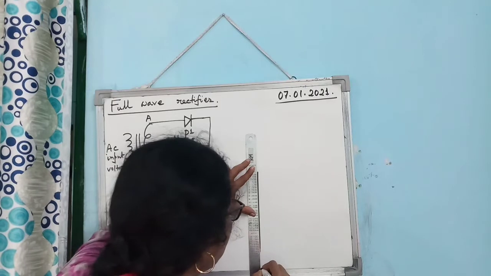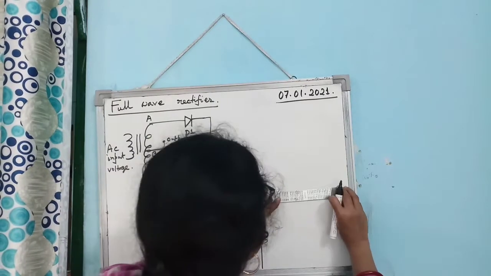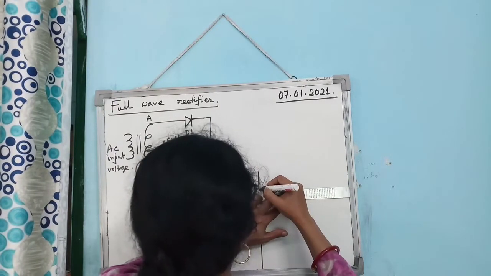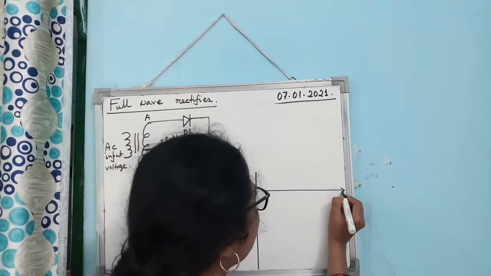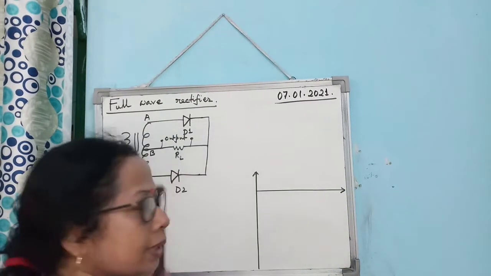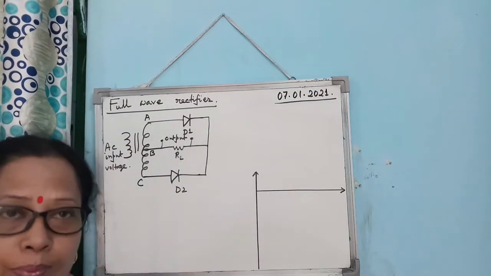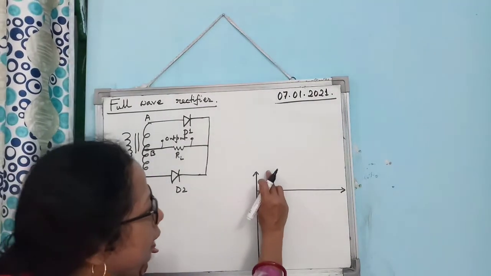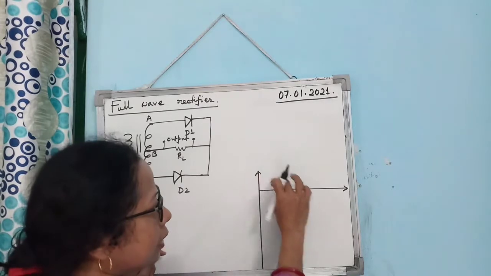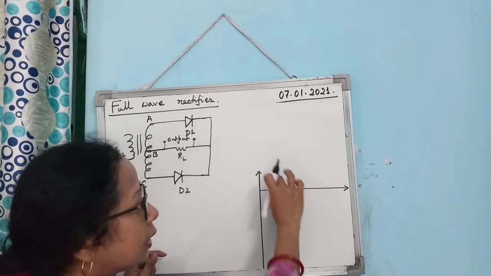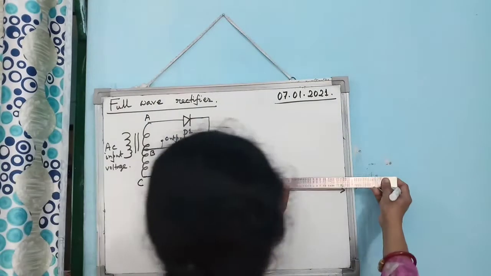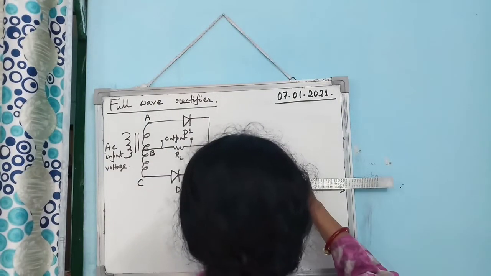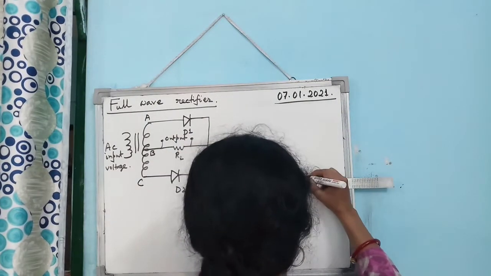Again I am drawing that this is the input voltage. When you draw the diagram in a board exam or any exam, you will use a ruled page. So when you draw the input or output, the height of the positive and negative half cycle, please make them equal.